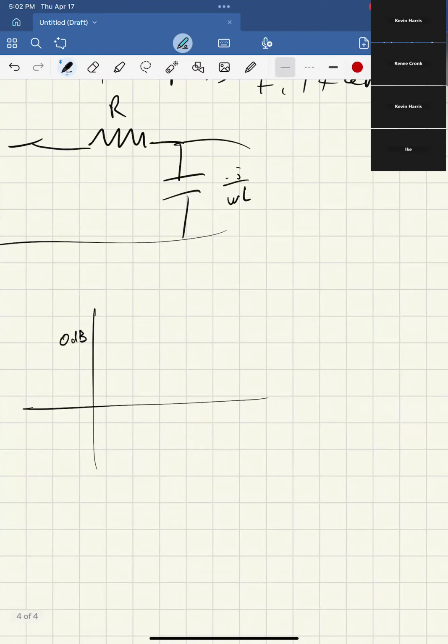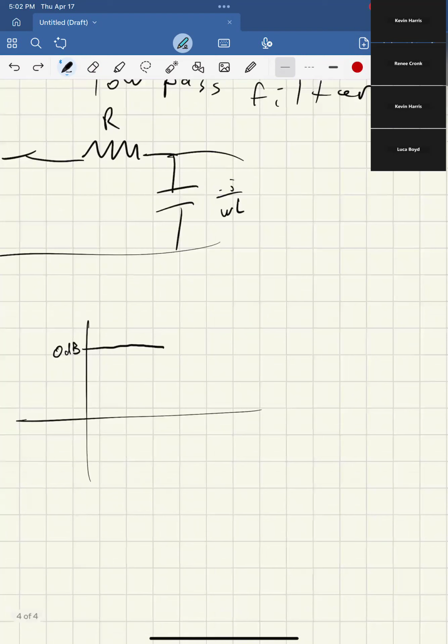However, as frequency increases, this term will get smaller. If we're at 1,000 hertz, that would be 1,000 times 2 pi here.